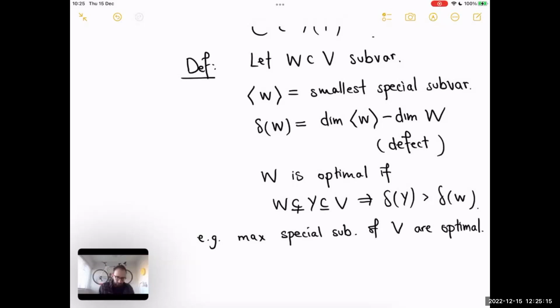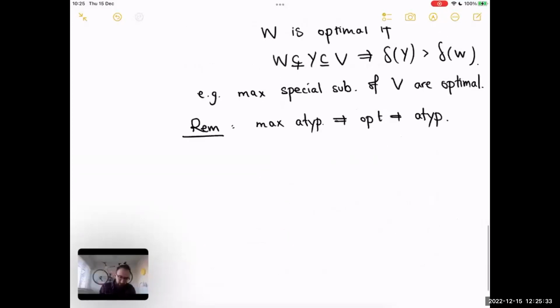And just to relate to the atypical notion that we had before, max atypical implies optimal, which implies atypical. Okay, anyway, but so you can rephrase Zilber-Pink in terms of this language in an unsurprising way.